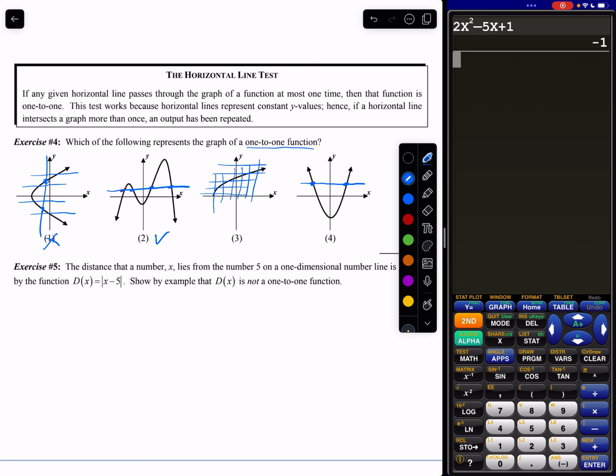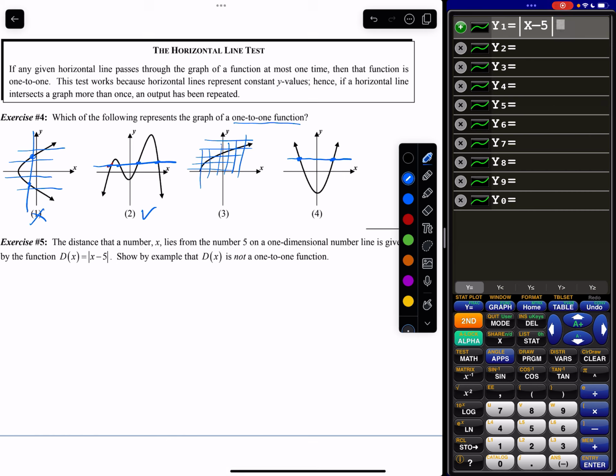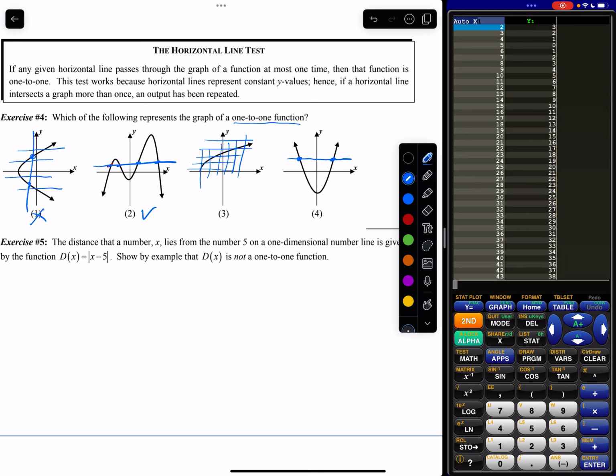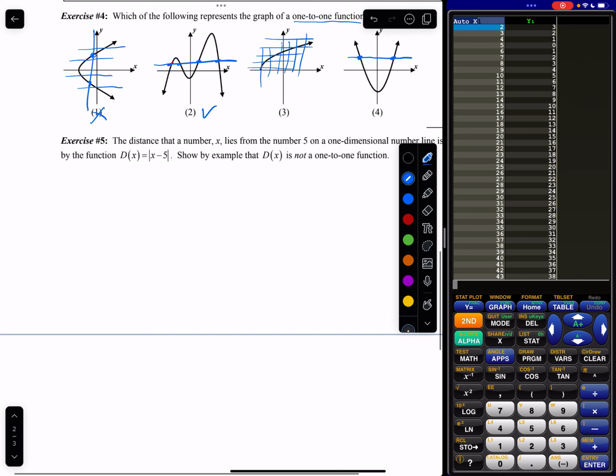And the last one we want to check out is what happens when we're given a function. For example, d of x is equal to the absolute value of x minus 5. If I plot this in my calculator and then look at the table, we can determine why this is not a one-to-one function. For example, if I make a table here, I've got an x and then I've got d of x.